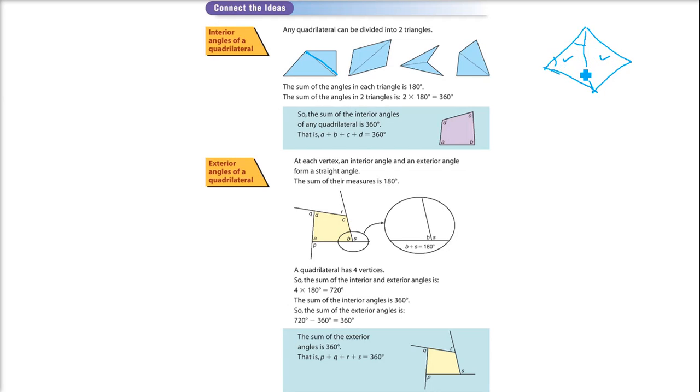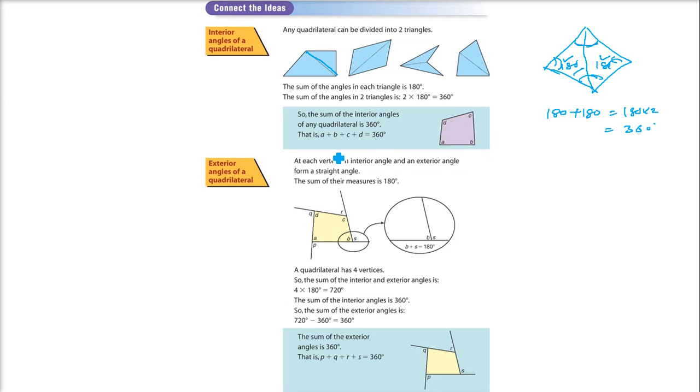Sum of the interior angles of one triangle is 180 degrees. Sum of interior angles of this triangle will be 180 degrees. So what will be the angle sum of the quadrilateral? It will be 180 plus 180, or you can say 180 into 2, and that will be equal to 360 degrees. So the sum of interior angles of any quadrilateral will be 360 degrees.